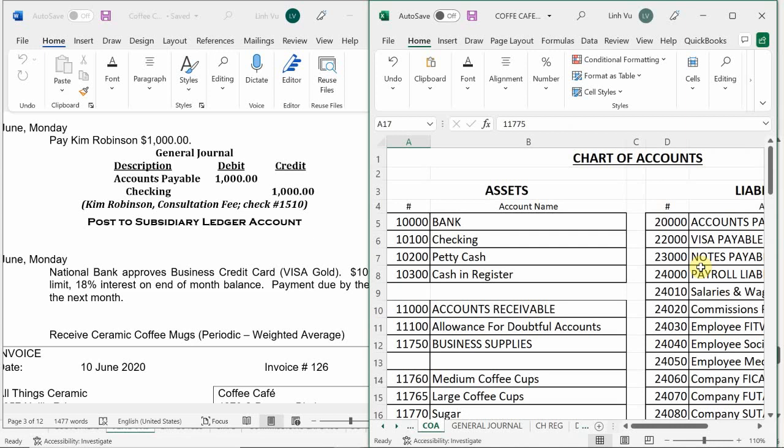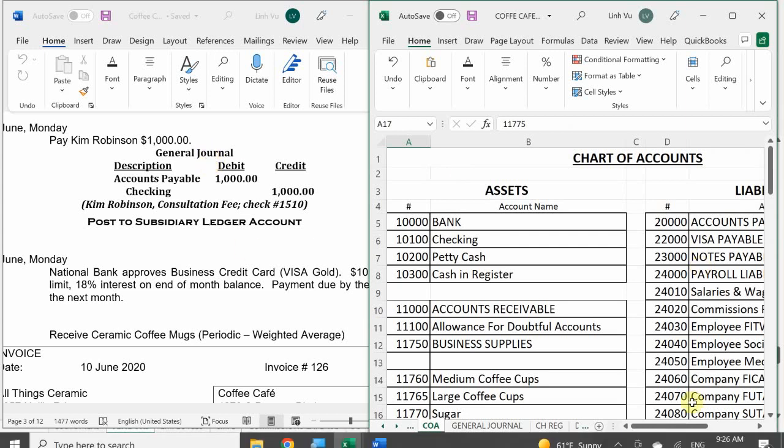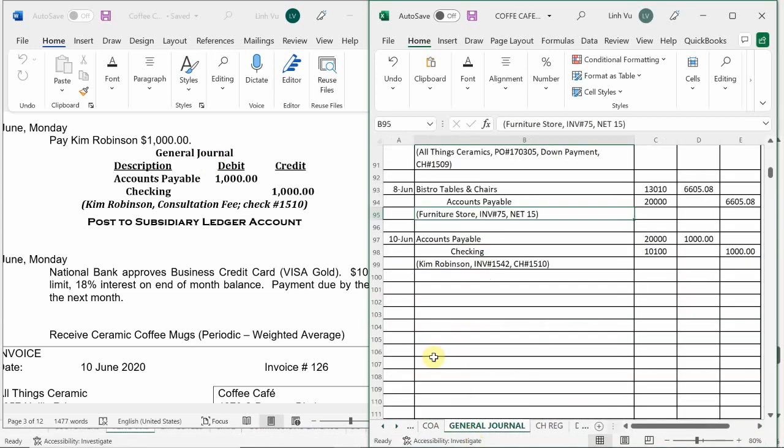However, we should put this information somewhere. And where would you put it? This is another adequate disclosure. It's definitely pertinent information for the future. We need to let ourselves know that we have a $10,000 credit card at an 18% interest, and it's going to be due next month on the 10th.